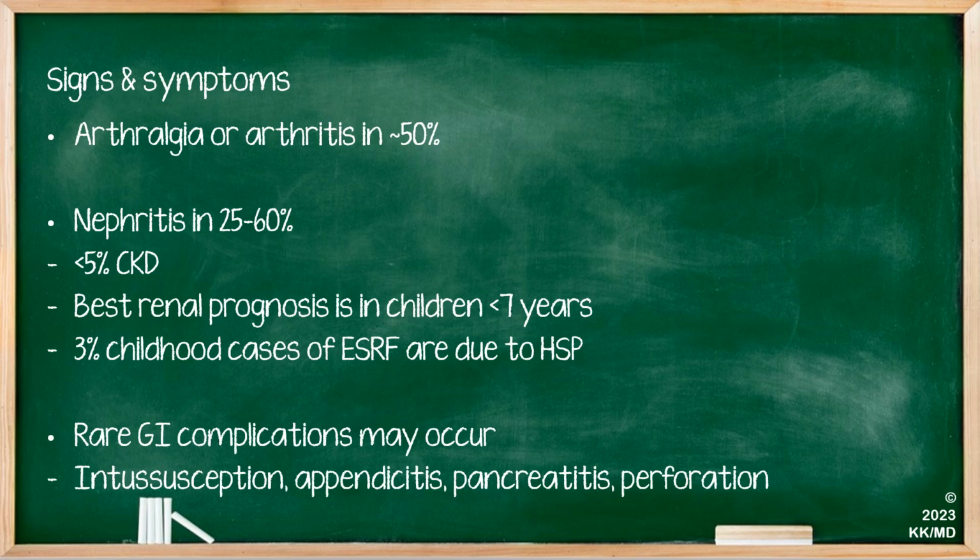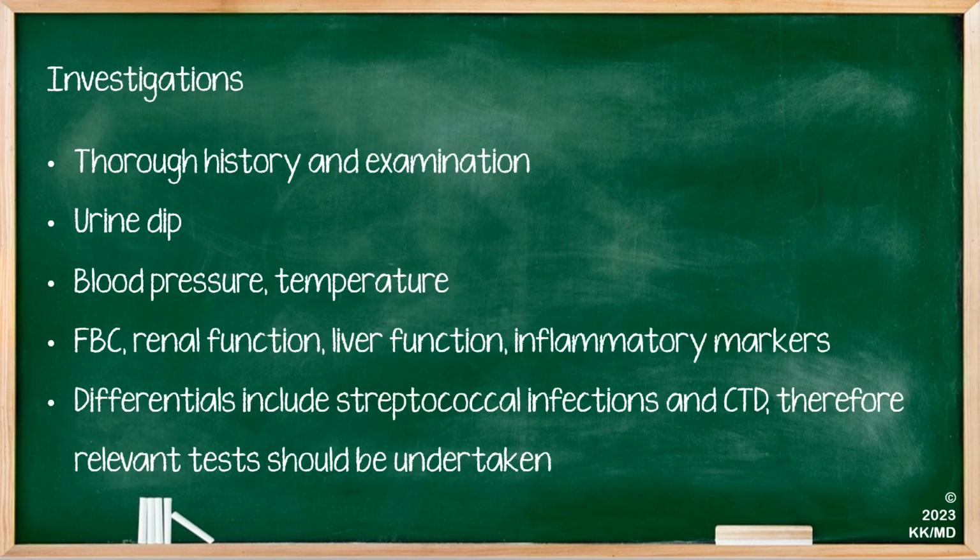The best renal prognosis is seen in children younger than 7 years, and 3% of childhood cases will end up in end-stage renal disease. The GI manifestations and complications of HSP are really quite rare. However, if they were to happen, they are quite varied, ranging from intussusception to appendicitis, pancreatitis, and even bowel perforation.